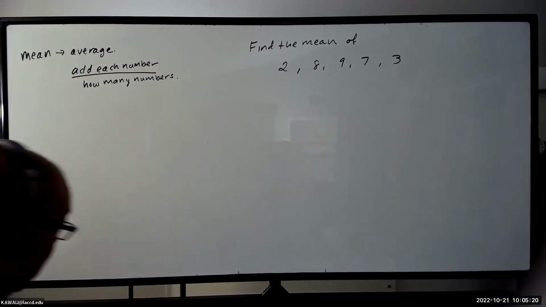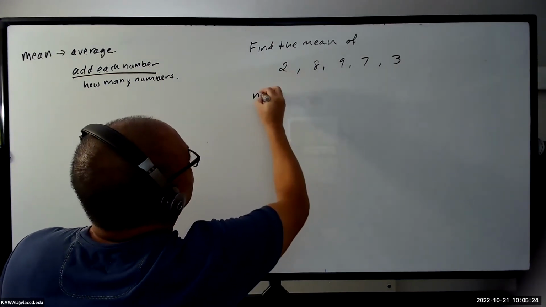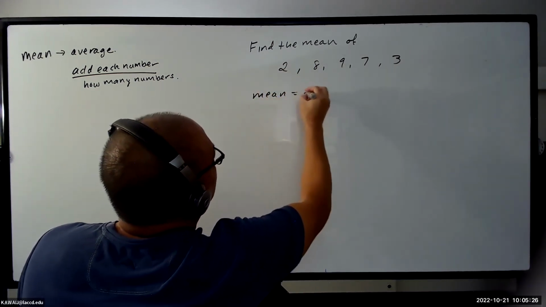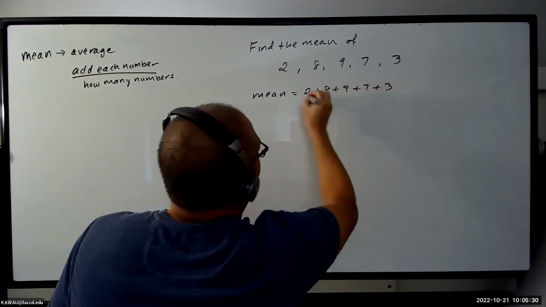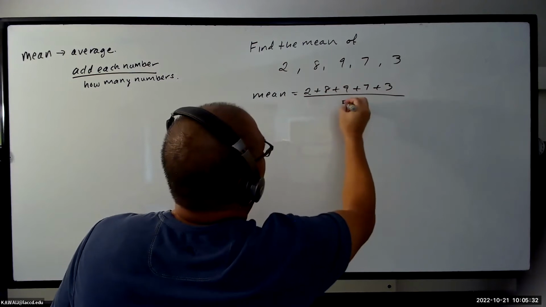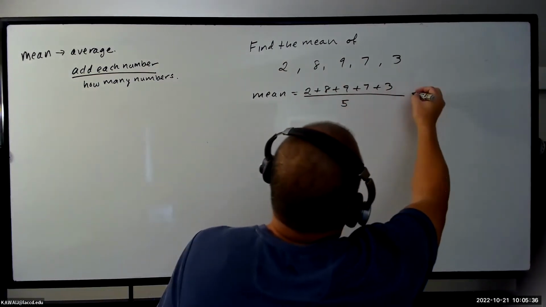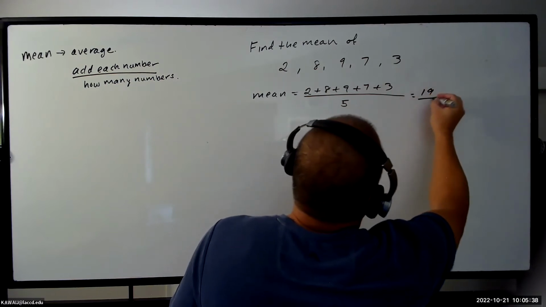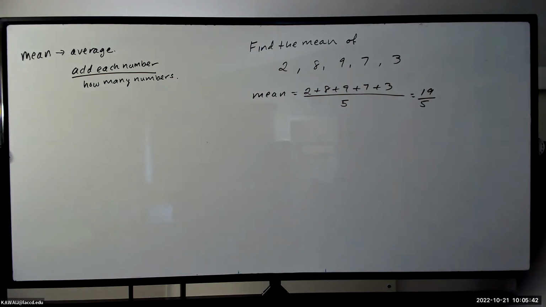So the mean is equal to 2 plus 8 plus 9 plus 7 plus 3, all divided by 5. So that looks like 19 divided by 5. Let's see, is that 3.8? 19 divided by 5 is 3.8.